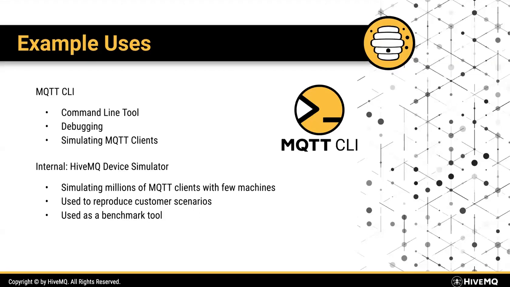This is really important for us at HiveMQ, because we want to load test the MQTT broker, and we needed a solution that does not require a lot of hardware to simulate a lot of MQTT clients.